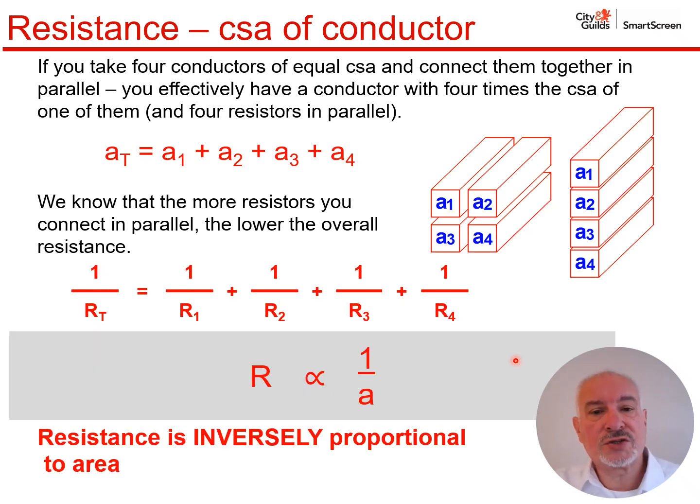So that leads us to the conclusion that the resistance is inversely proportional to the area. And the little symbol again means proportional, but by putting 1 over A, that's 1 over the area, that's a way of saying inverse of the area. So the resistance is inversely proportional to the area. The resistance equals 1 over the area.